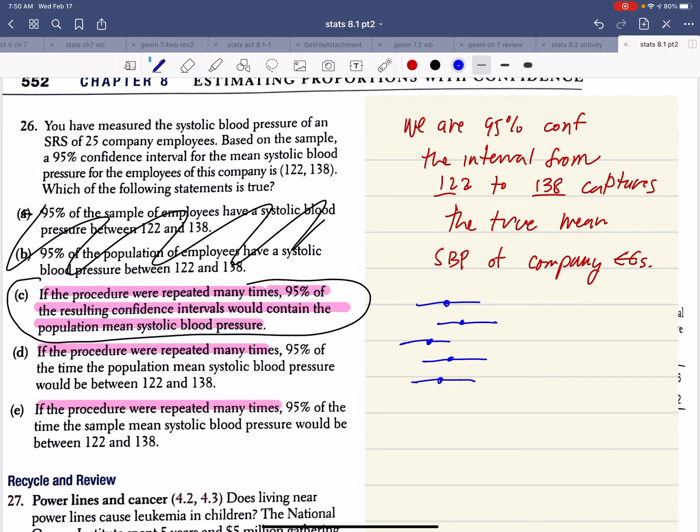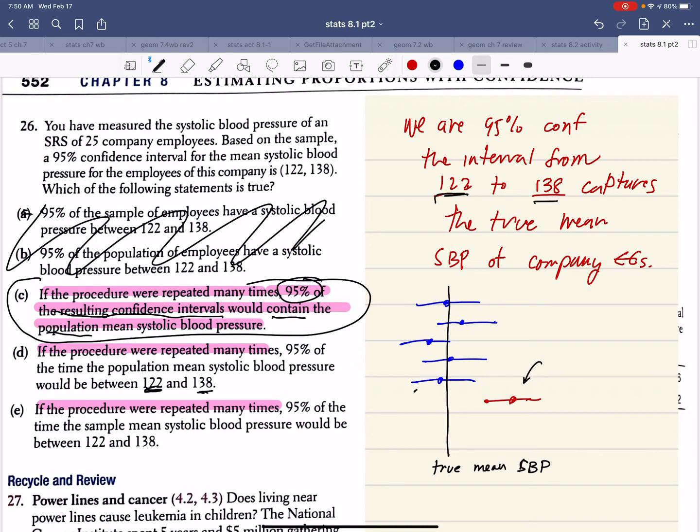And essentially, we're saying that if this is the truth, notice that one was not captured. That's essentially what we're saying about systolic blood pressure, that 95% of these confidence intervals we create would contain that true population mean. It's not to say that you're locked into this 122 to 138.